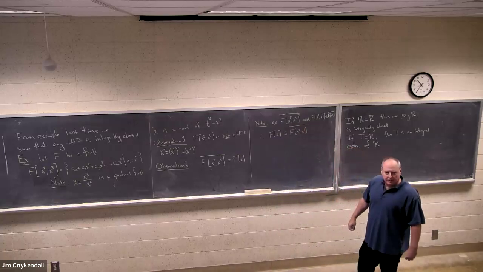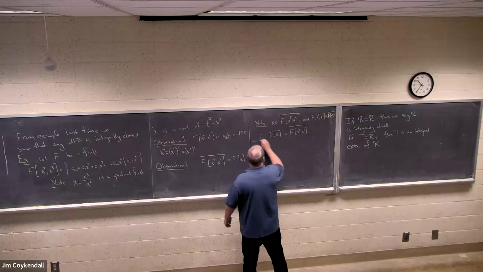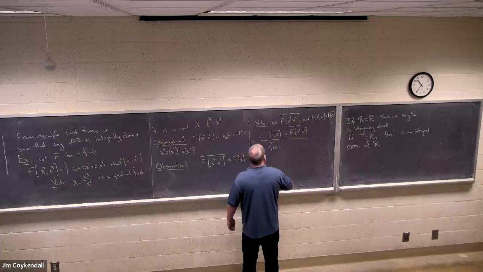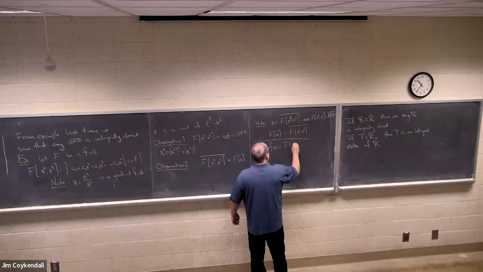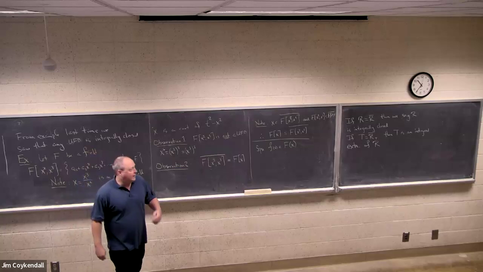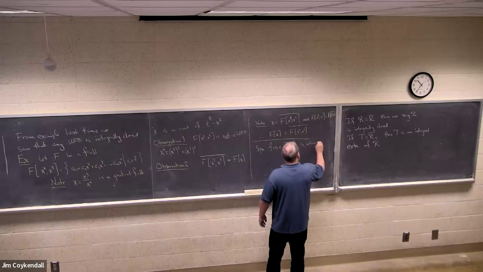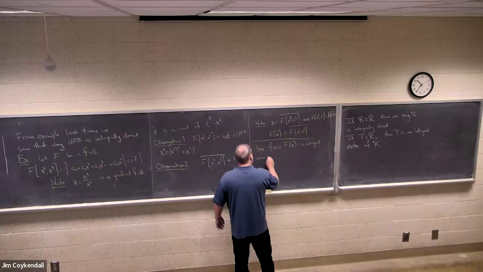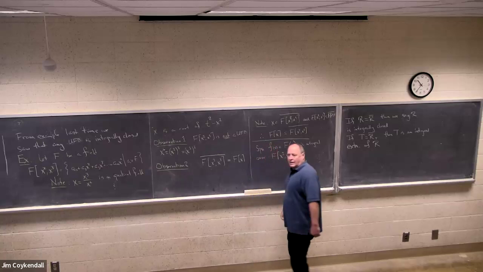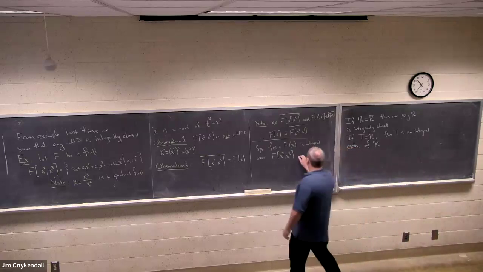What about the other containment though? On the other hand, suppose an element is in the quotient field. By the way, the quotient field of this thing is rational functions in the variable x. Suppose it is integral over this ring. Notice that this is contained in f of x.